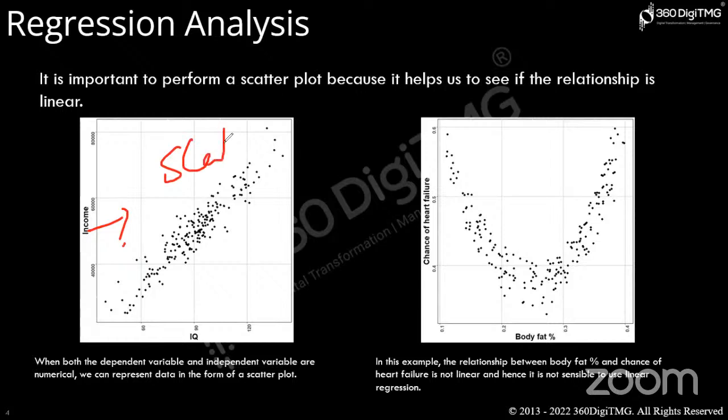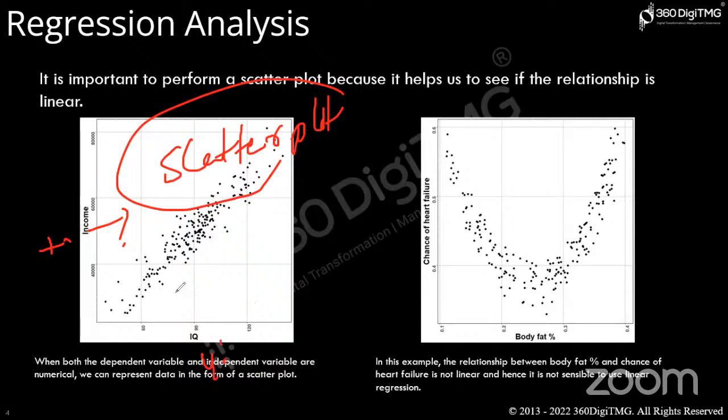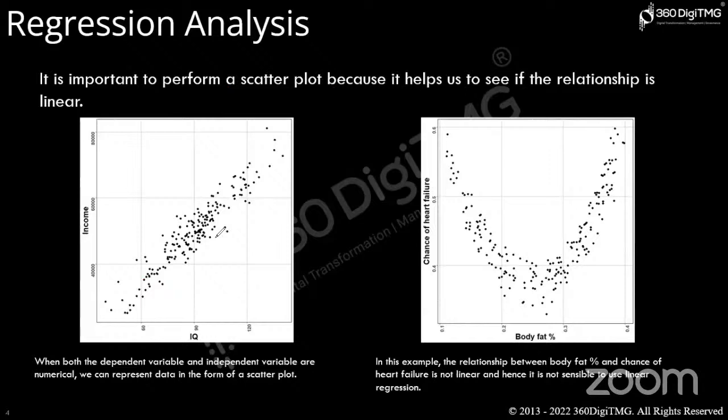You can use a scatter plot. You can take input variables on the x-axis and output variables on the y-axis, and you can simply plot that scatter plot. If you are having a linear relation, here we are taking sample inputs.